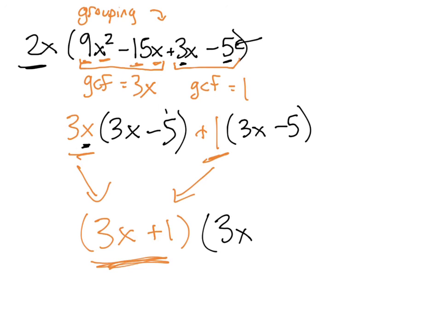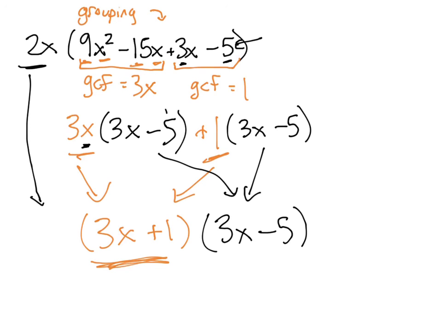And the matching set of terms, 3x minus 5, we will move into one set of parentheses using the distributive property. Those are now both being multiplied by the 3x plus 1 that we have here.